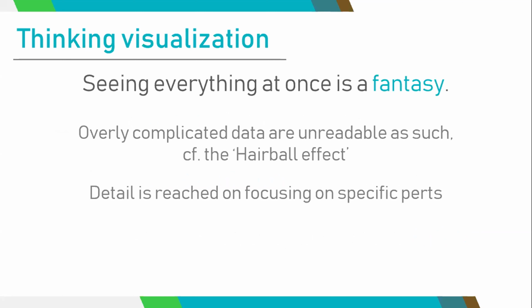There is a lot to see, there is a lot to do, and not everybody wants to do the same thing with a pangenome, which makes the whole thing quite difficult. An example with graph pangenomes is the hairball effect, where there are too many branches, and this leads to a completely unreadable visualization. But also, our brain cannot focus on everything at once.